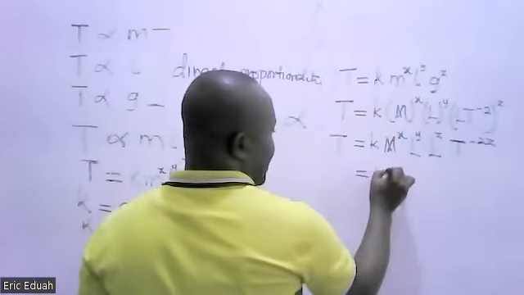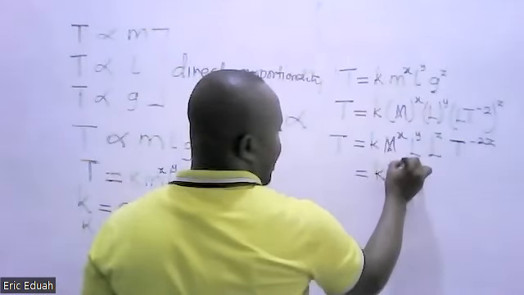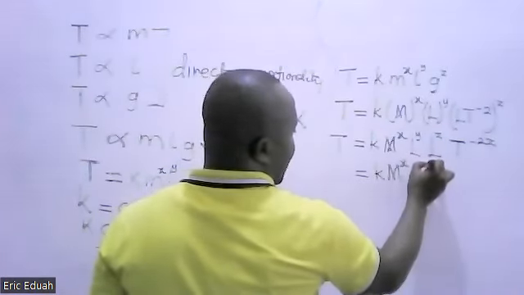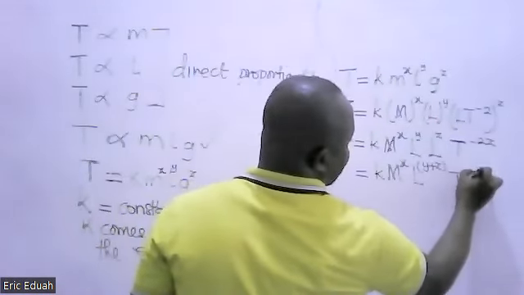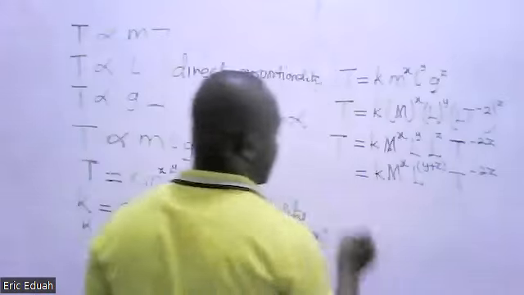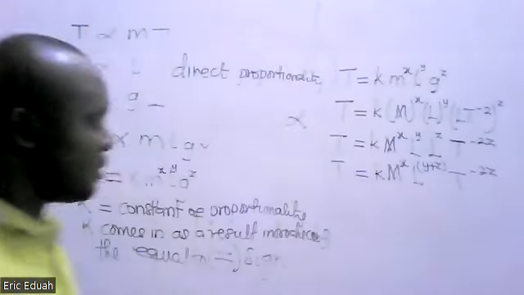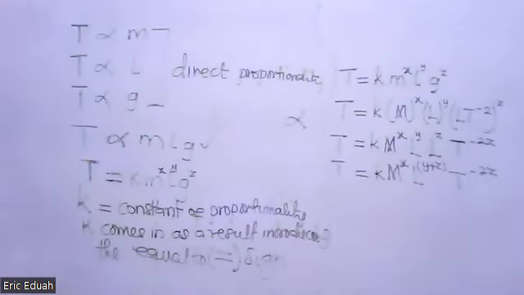So we have K M to the power X, L to the power Y plus Z, T to the power negative 2Z. Are we okay?